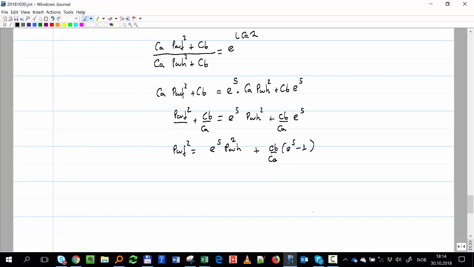So what is CB divided by CA? CB divided by CA was, you have to find the definition of CA and CB.